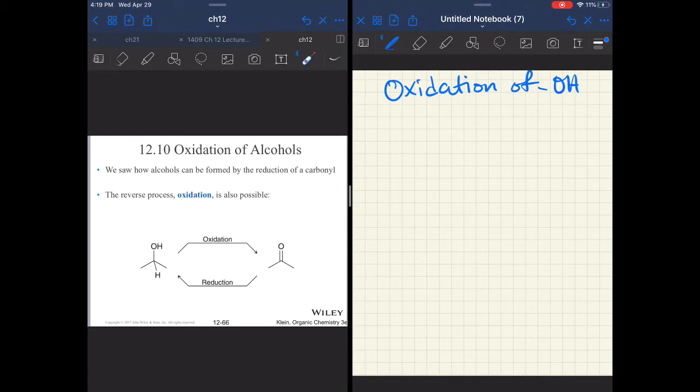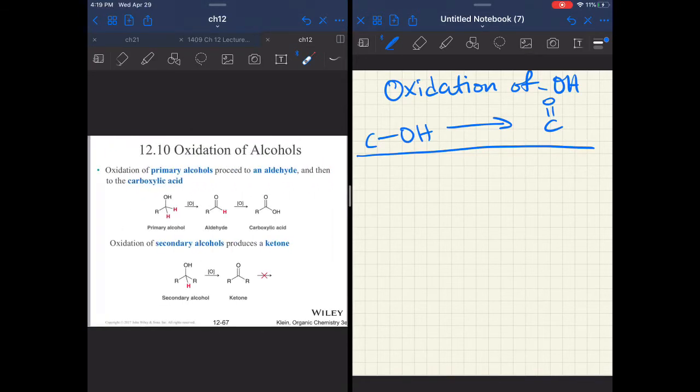Remember, we use sodium borohydride or lithium aluminum hydride. Now we're going to be increasing the number of bonds, from 1 to 2. In some cases, it'll be even to 3. So there are different oxidizing reagents. It's important to keep your reduction and oxidation reagents organized in your mind.